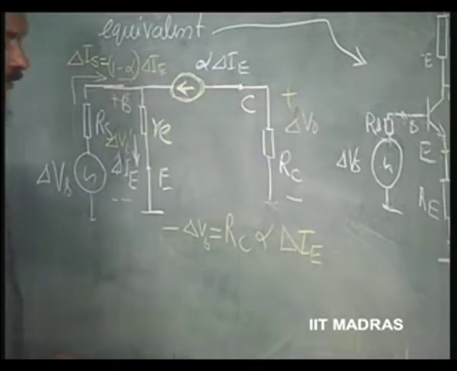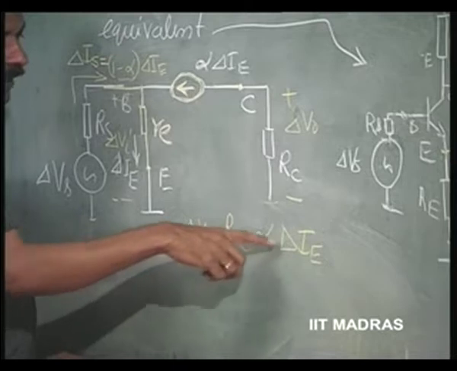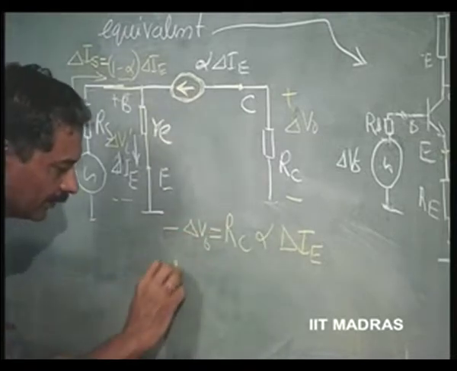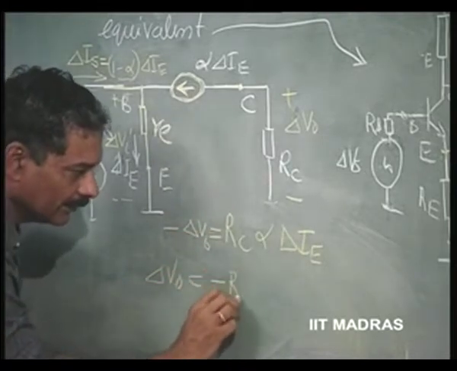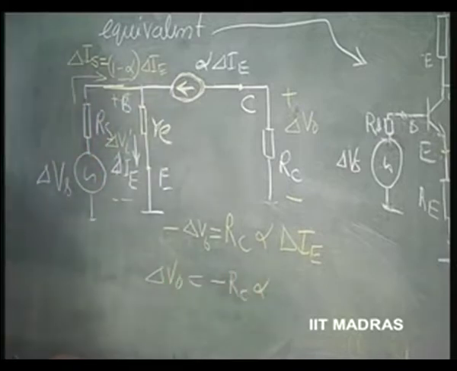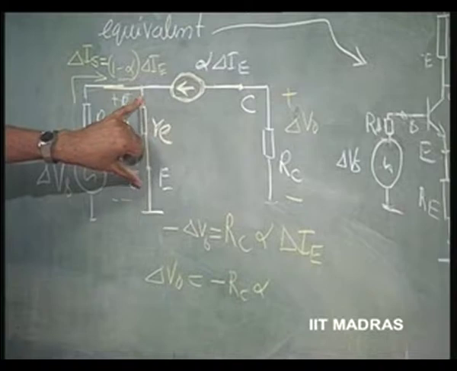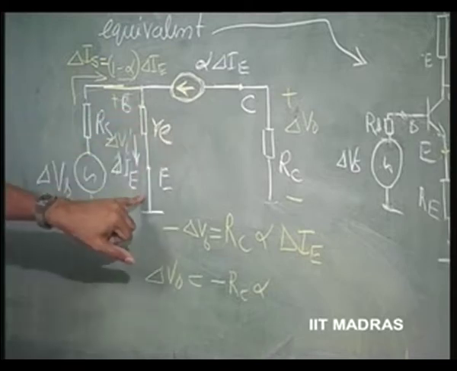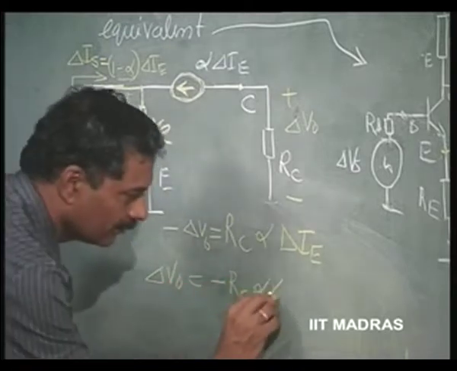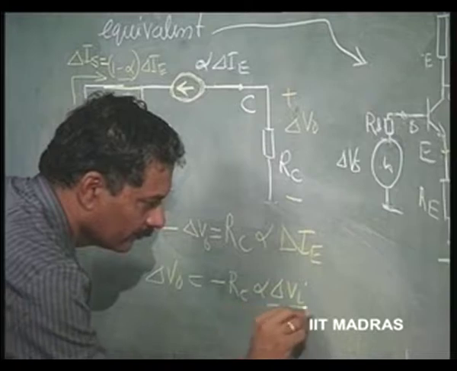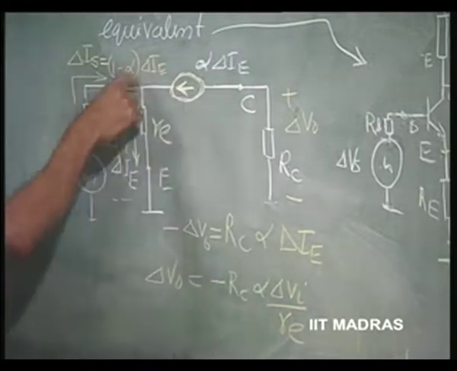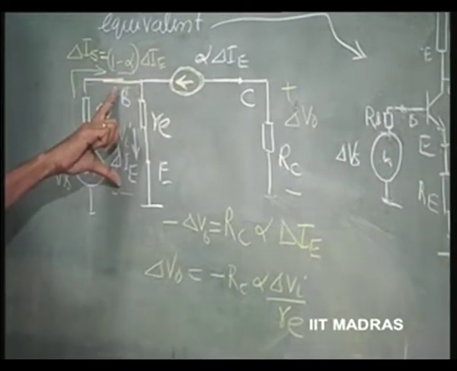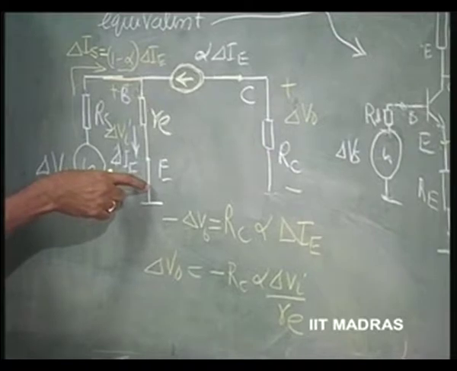So, minus delta V naught is Rc alpha delta I, or delta V naught is equal to minus RC into alpha into delta IE. Delta IE is nothing but delta VI divided by RE.